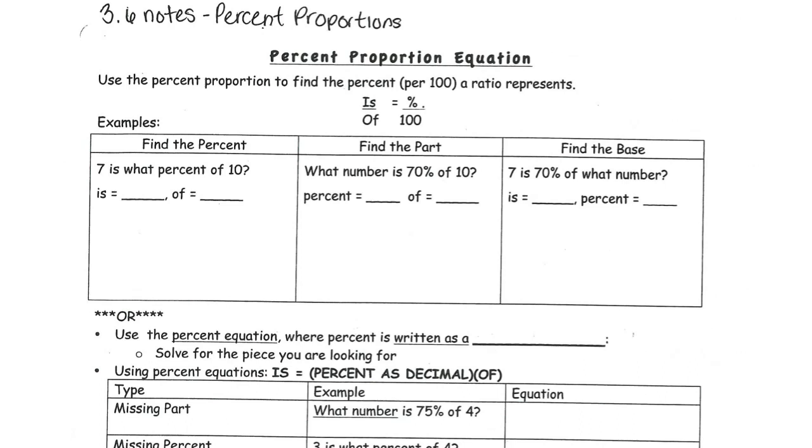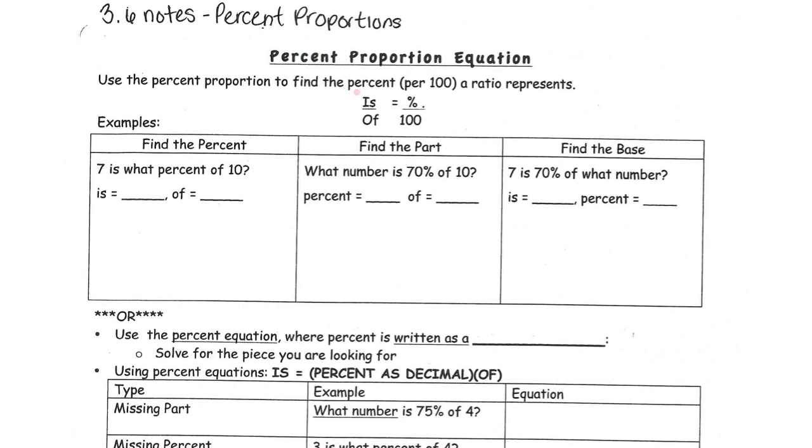All right, so the next thing we talk about is percent proportions. Remember, we solve proportions by cross multiplying. That's what we're going to do here, except now we're trying to find the percent of something, or 25% is some number.